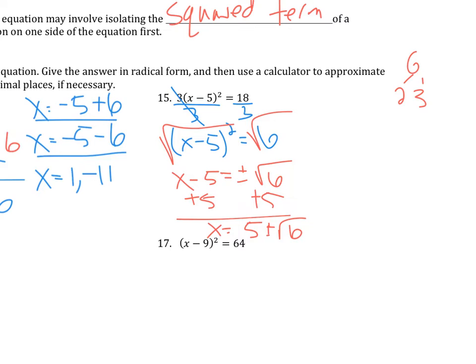Those aren't like terms, so that would be our final answer. For our approximation, 5 plus the square root of 6 gives x equals 7.45, and 5 minus the square root of 6 is 2.55.